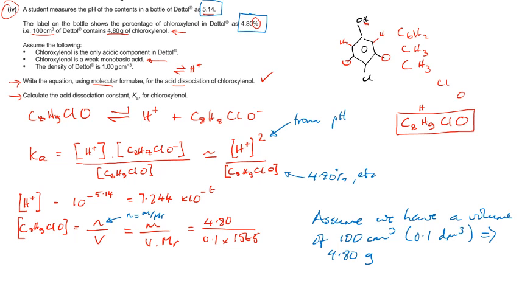That comes out at 0.3067. Now you've got the components of your Ka, and you fit those in. Don't forget to square your hydrogen ion concentration, and that will give you the answer, whatever it is. Let me save myself doing that calculation because it's straightforward. There, hopefully that's helped you. Fairly tricky calculation.